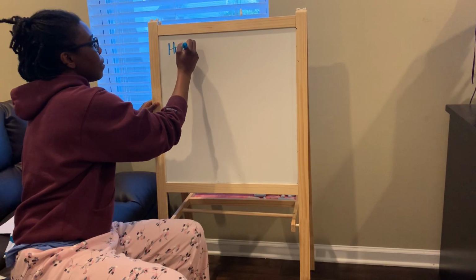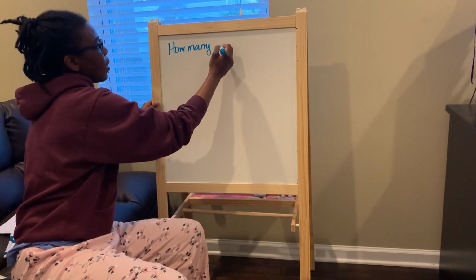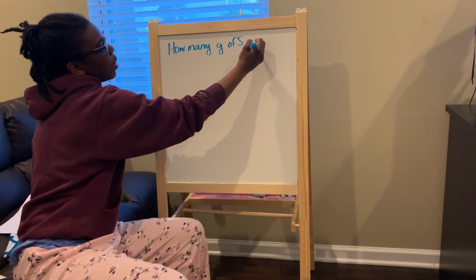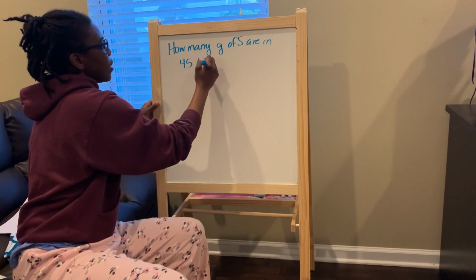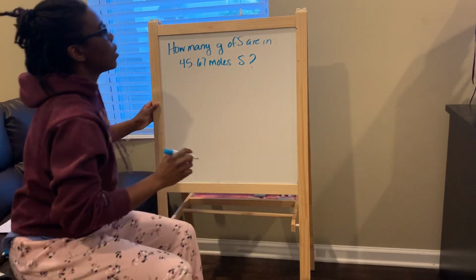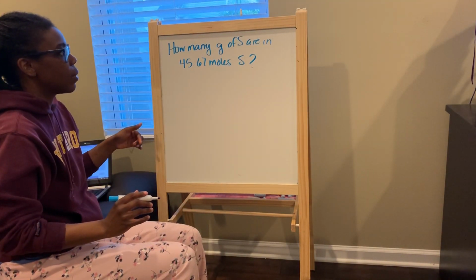How many grams, I'm just going to put G, of sulfur are in 45.67 moles of sulfur. So if we're looking at this problem, we have to figure out what we're given and also what we want.